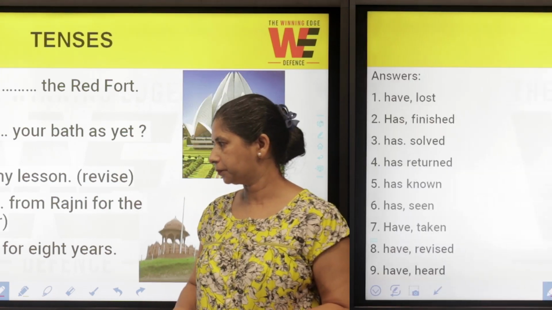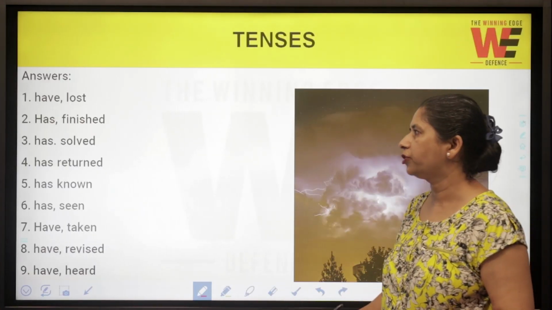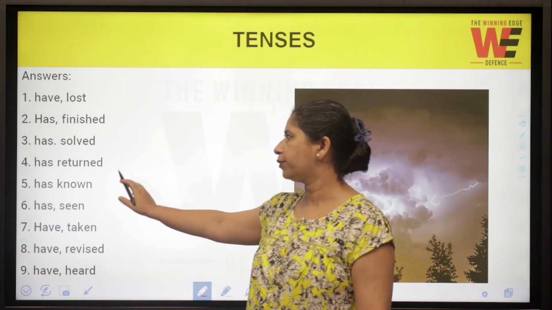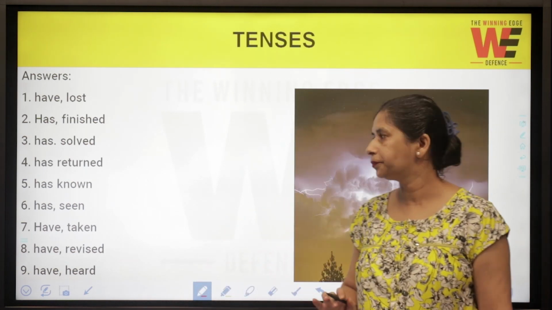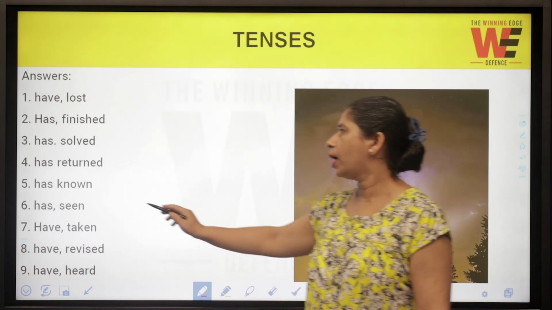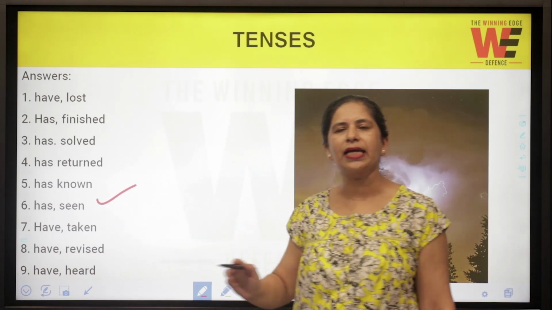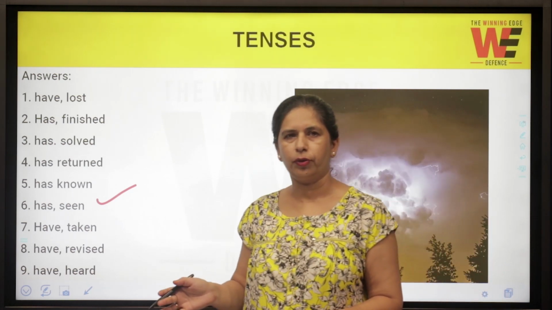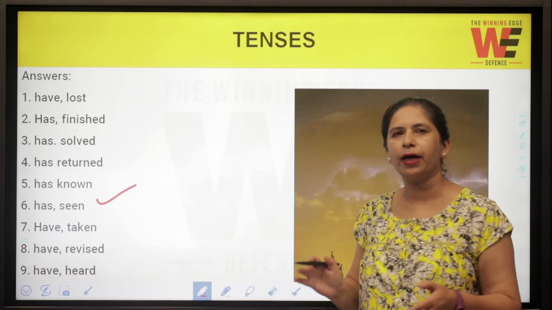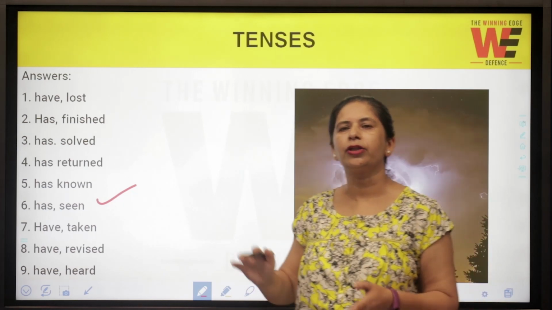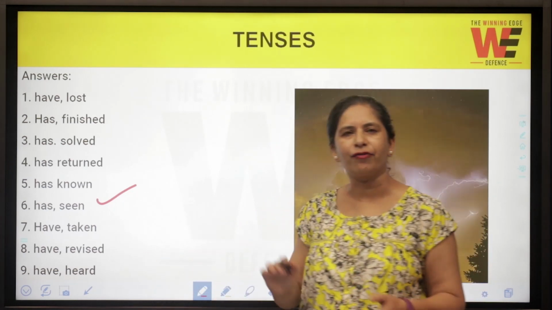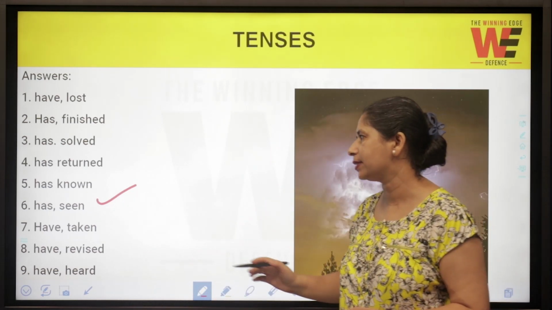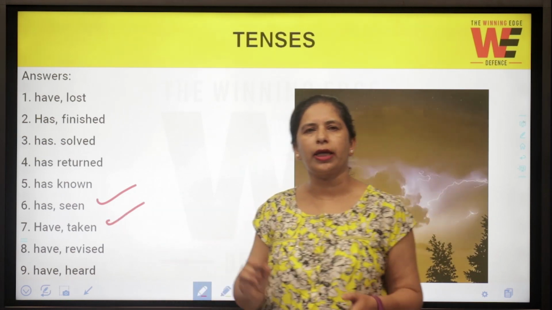So the correct answers are, children, the correct answers are here given for you on the screen. Okay. So Asha क्या हो जाएगा? Has never seen. Asha has never seen the Red Fort. Okay. 7th वाले में क्या हो जाएगा आपका? Have you not taken your bath as yet? Okay. 8th वाले में क्या हो जाएगा आपका?